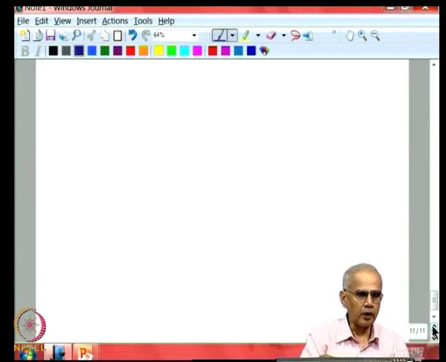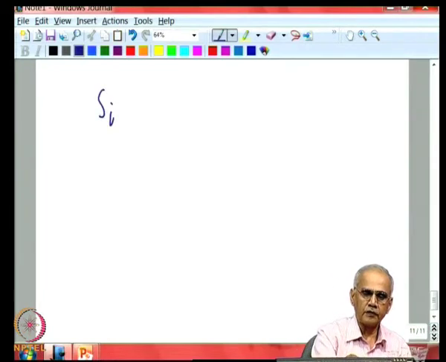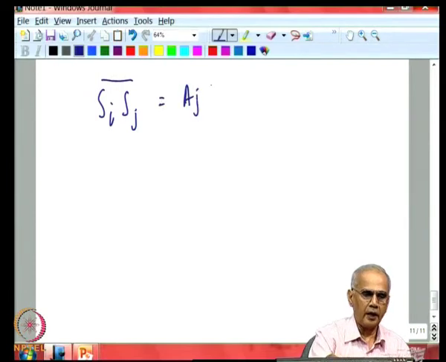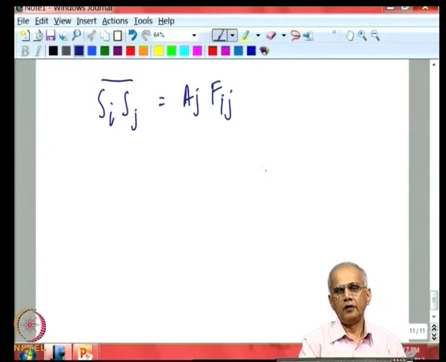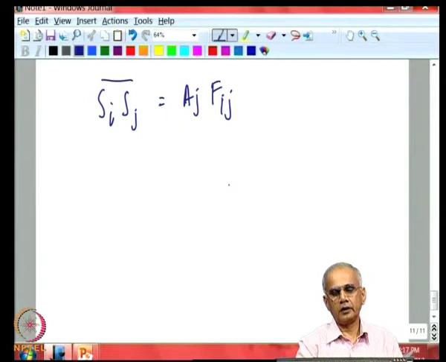Now, the connection between what Hottel defined as surface to surface exchange is nothing but Ai Fij. We use the term shape factor and found it convenient to define it differently, so that it is non dimensional, but Hottel found it convenient to define an exchange factor, which has units of area.